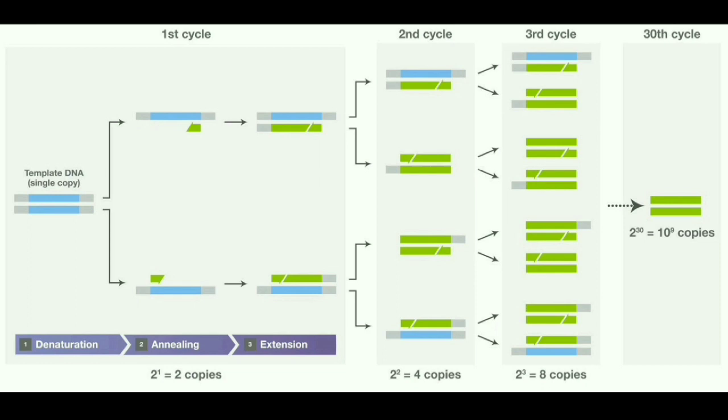At the end of second cycle, we got 4 copies, and at the end of third cycle, we got 8 copies. At the end of 30th cycle, we got 10 raised to 9 copies. That is, the products of the first cycle are the template of the second cycle, and the product of the second cycle is the template of the third cycle, and so goes the cycle.